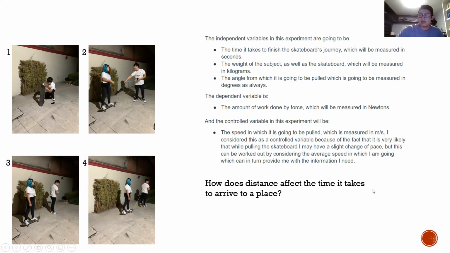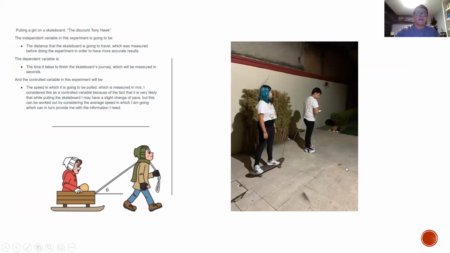And this is the final question that I used in order to find an experiment and a way in which I could use the variables that I already had and make it work. It is: how does distance affect the time it takes to arrive at a place?